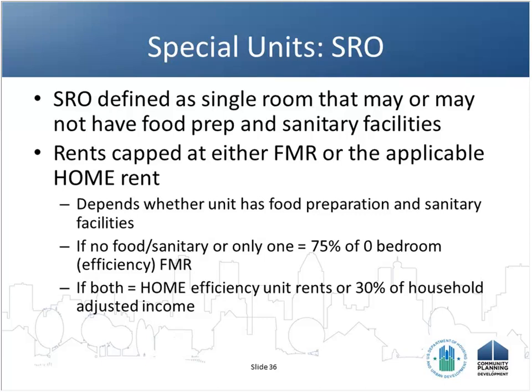If we have a unit that doesn't have food or sanitary facilities on its own, so it's sharing, then we're going to use 75% of the 0-bedroom HOME rate. If they have both, then we're going to use the HOME efficiency unit rent schedule that we utilize. So if they're having to share, they don't have all of those amenities themselves, we're not going to charge them the full rate on that.